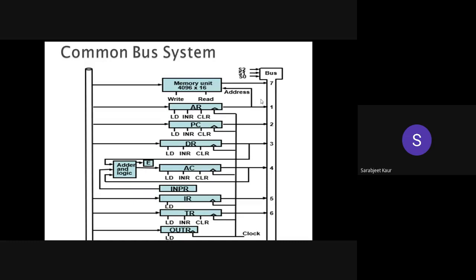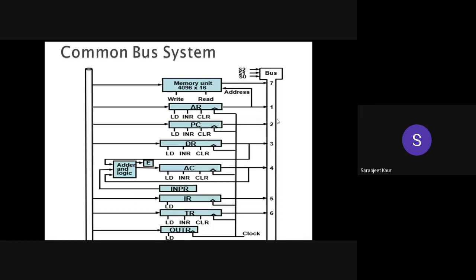We have agreed upon a unique decimal number for each of these registers. We have associated these numbers with these registers, and I translate it into binary and put that number here. Whenever I put that number here, that register is selected for its output.